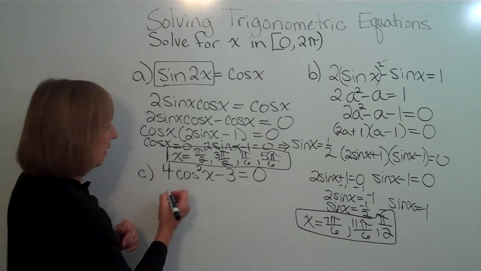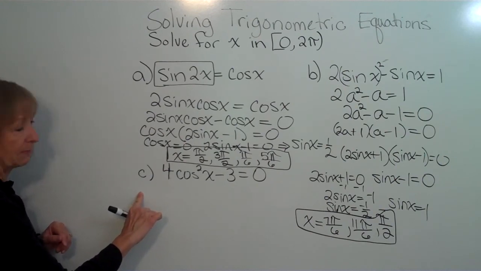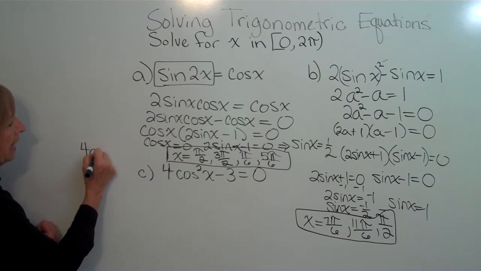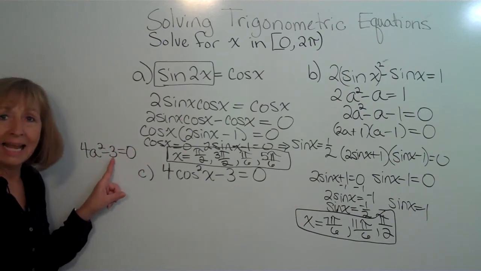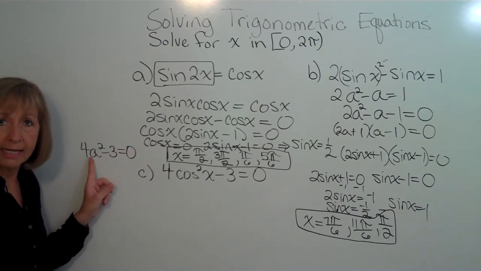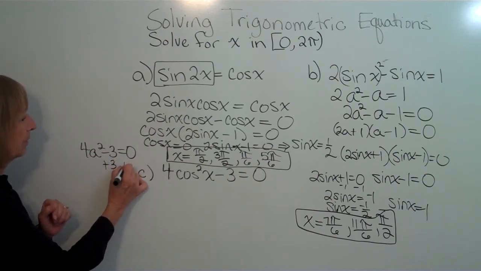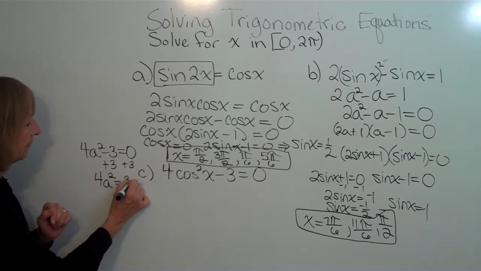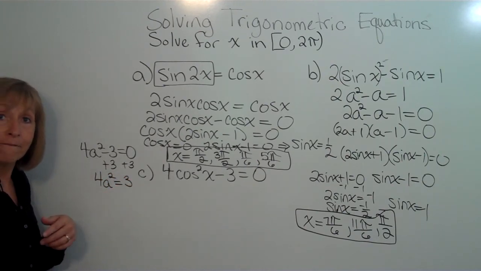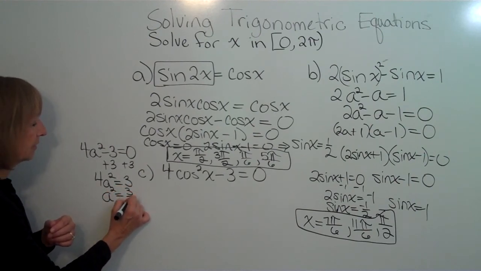Remember, when I have something like 4a squared minus 3 is equal to 0, and I didn't have a term with a in it, but it was quadratic, I could solve for the squared term. So we're going to add 3 to both sides and get 4a squared is equal to 3. Divide both sides by 4. a squared is equal to 3/4.